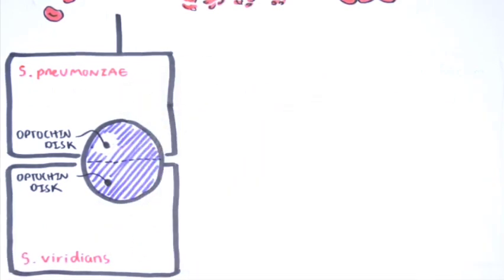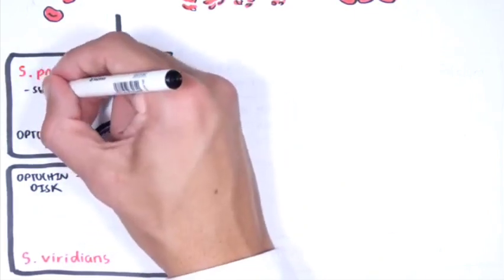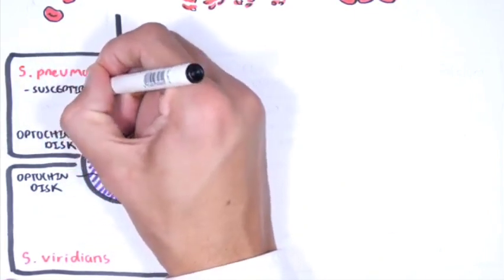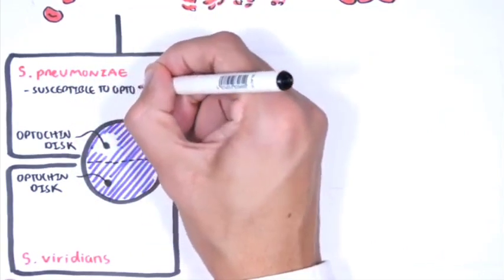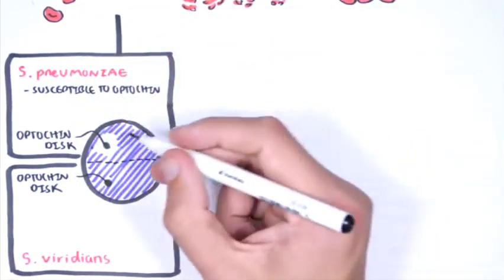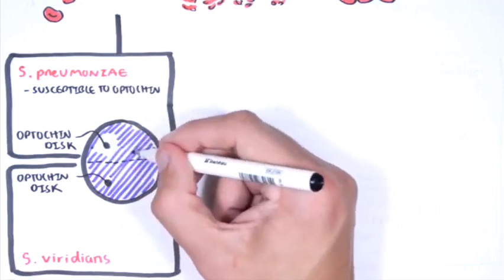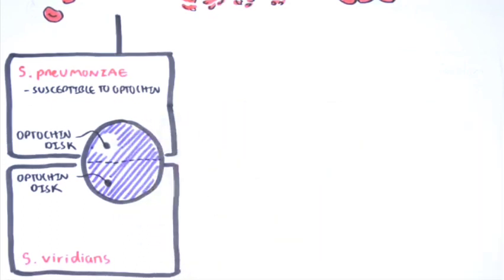Streptococcus pneumoniae, which is well known to cause community-acquired pneumonia and acute otitis media, is susceptible to optochin. And so, around the optochin disc, there is a space because all the Streptococcus pneumoniae have died around it.